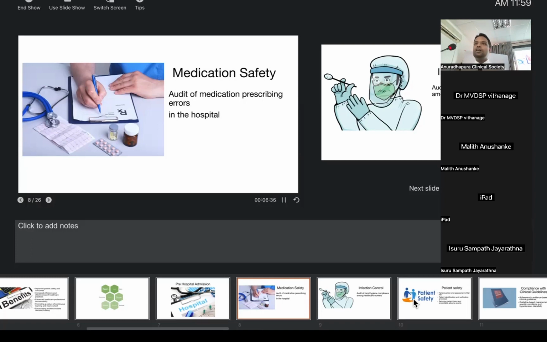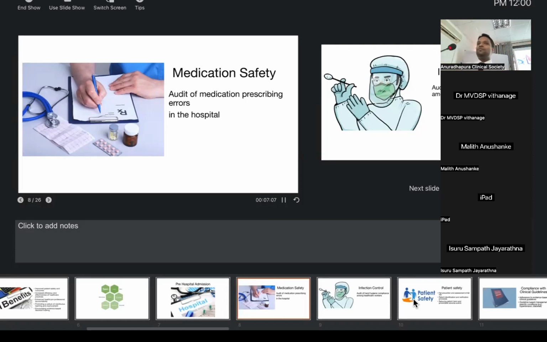You can modify further. And one step further, you can give them to different pharmacies in the town and audit whether they are readable or not. You can go one step further and compare the prescriptions of the hospital OPD and the private sector OPD.